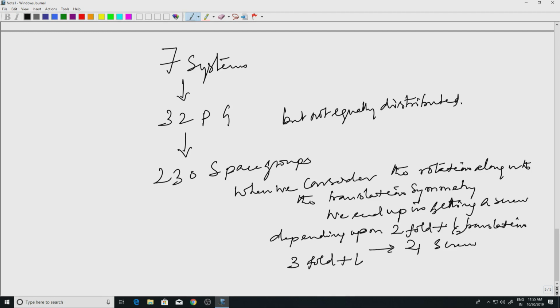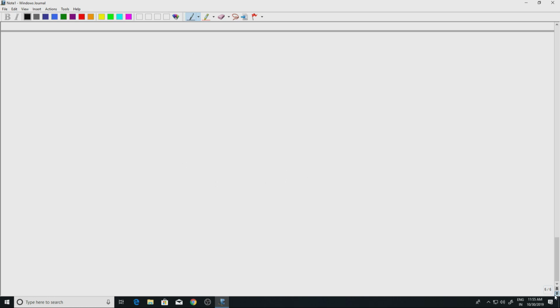Threefold plus one-third translation gives 3/1 screw. Threefold plus 2/3 translation gives 3/2. Now to remember, 3/1 and 3/2 are the same in opposite direction.